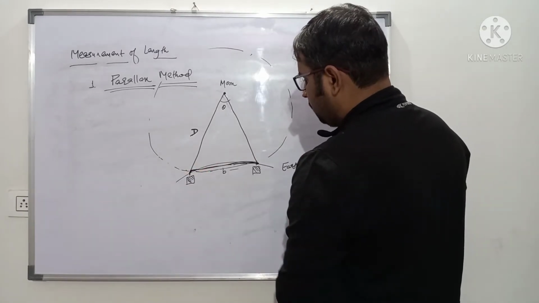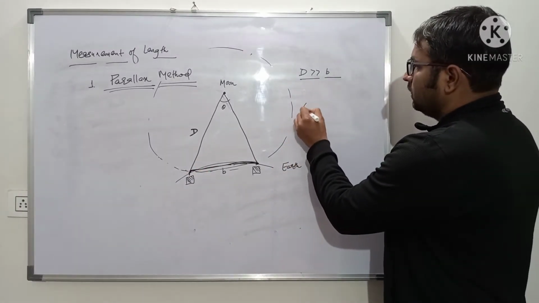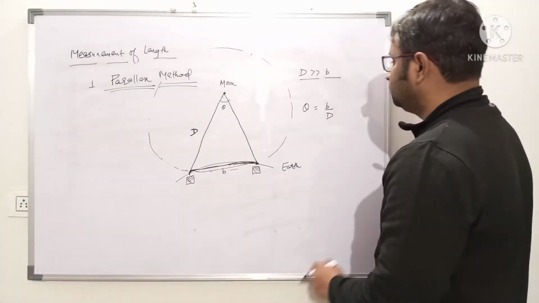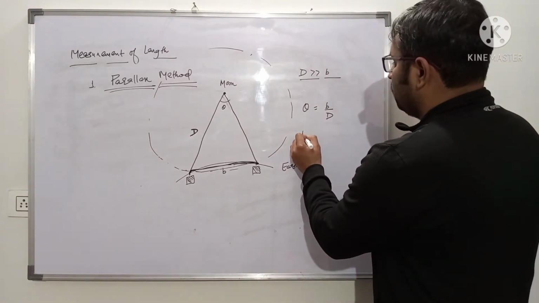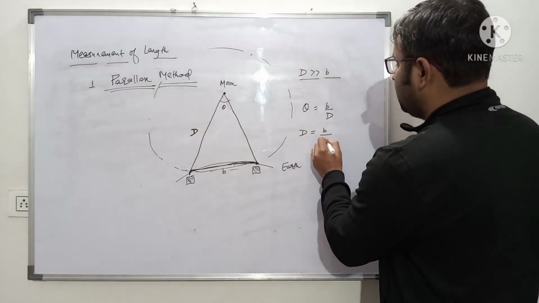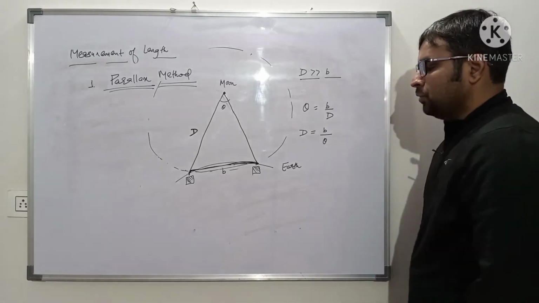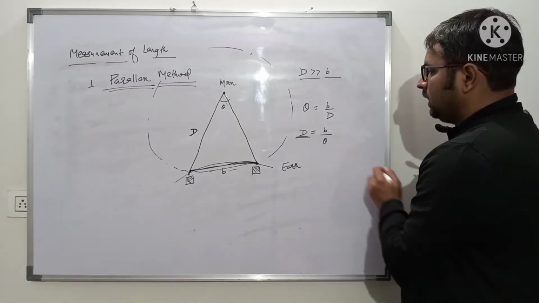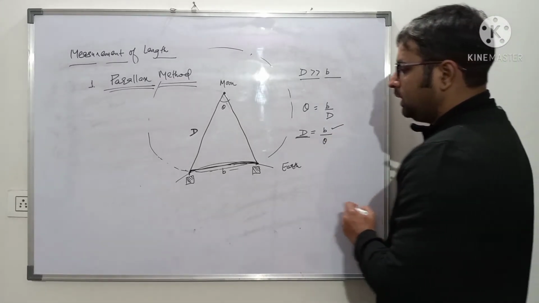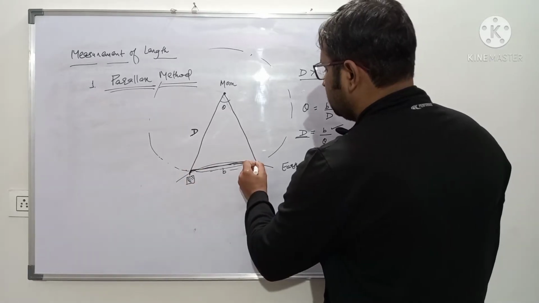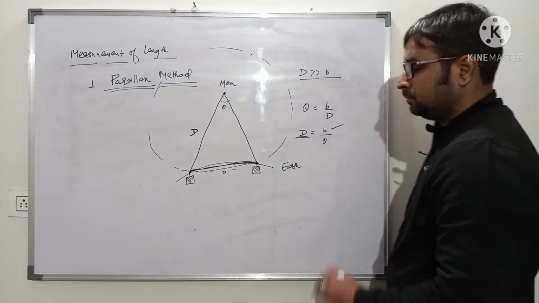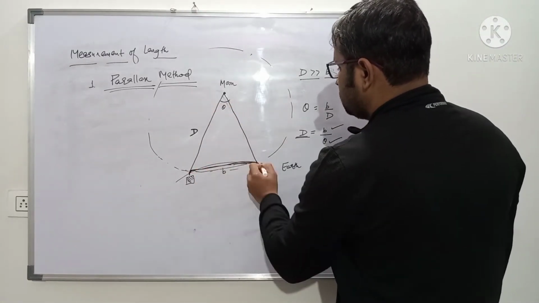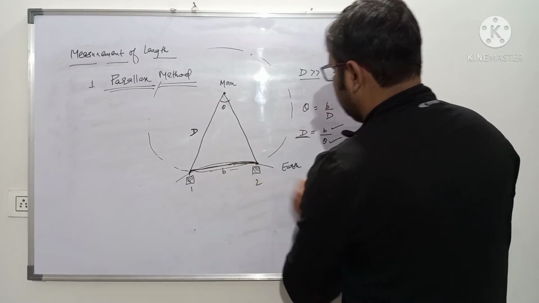Now if this is the arc of a circle, then we know that theta equals b by d, which implies d equals b by theta. So this d can be calculated by the known value of b, since we can determine the distance between the two observatories on the Earth, and we can determine this angle theta from observatory 1 and observatory 2.